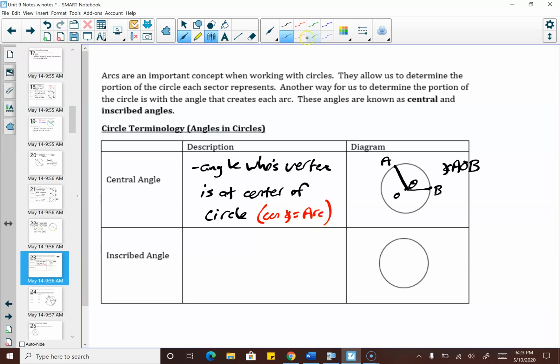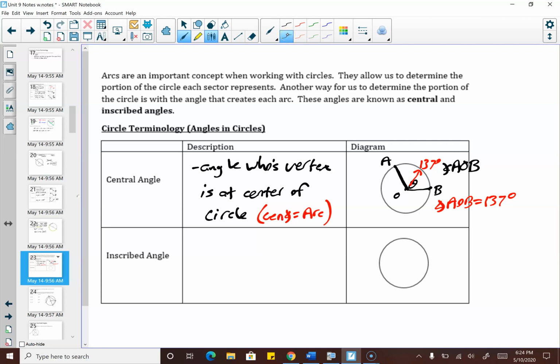For example, if arc AB is 137 degrees, that means angle AOB is also 137 degrees. So the arc that central angle opens up to has the same number of degrees as its central angle. Commit that to memory: central angles are equal to their arcs.